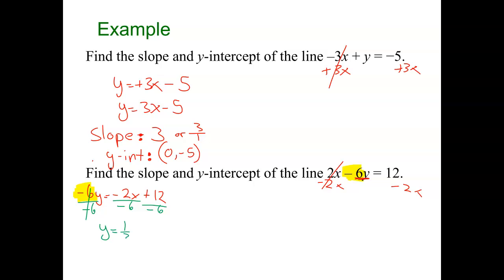So, I have 1/3 x. 2 over 6 is 1/3. 12 over negative 6 is negative 2. What's my slope? 1/3. What's my y-intercept? 0, negative 2.